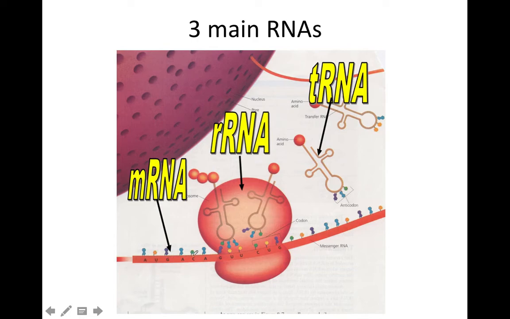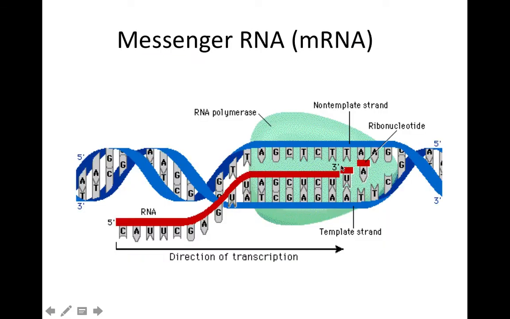Basically, the messenger RNA is the one that carries information from the DNA towards the outer portion of the cell. The rRNA is a crucial component of the ribosome, which is the protein factory of the cell, whereas the tRNA, the transfer RNA, plays an important role in translation. So let's go through them one by one.